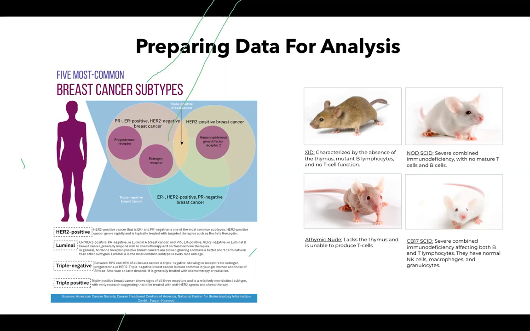SCID CB17 mice also have severe combined immunodeficiency, but they have natural killer cells, macrophages and granulocytes. Athymic nude mice lack a thymus and are unable to produce T cells. And XID mice lack a thymus, resulting in no functional T cells, but they have mutant B lymphocytes.